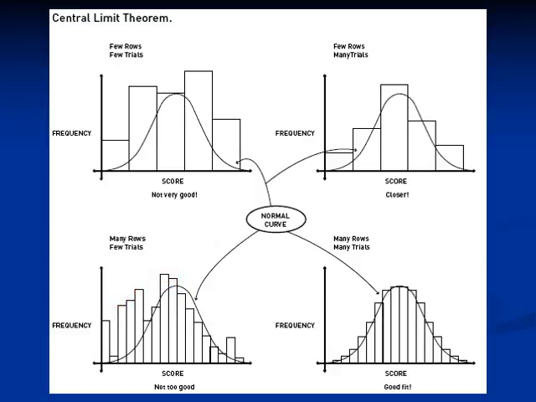Now, in contrast, look at this one. You've narrowed your score ranges, and you've taken lots and lots of samples and started graphing your sample means. And this illustrates the idea that a higher number of samples is going to give you a curve of sample means that's much closer to the normal curve.